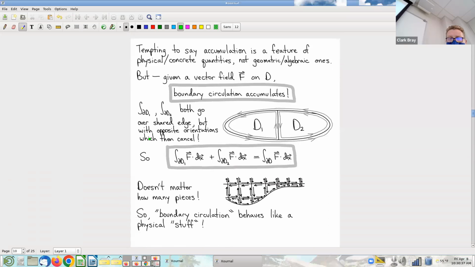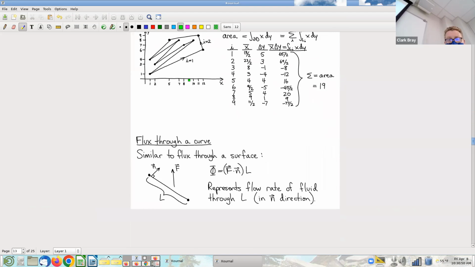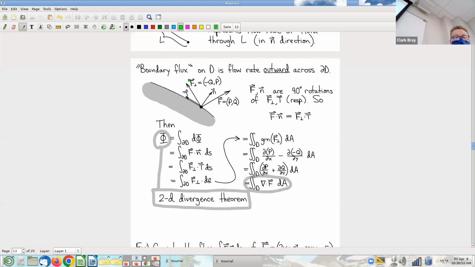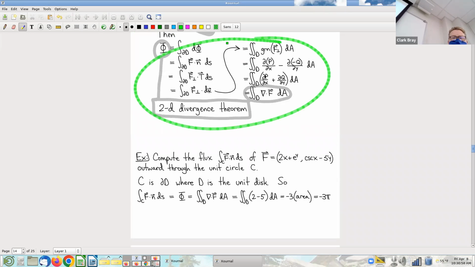Okay. Anyway, as is relevant to Green's theorem, boundary circulation is the accumulating quantity, right? Now, reminder, we did a bunch of stuff with Green's theorem. Then we went on and we tried to relate it to this other thing called boundary flux. And then, you can do some algebra and show that the circulation Green's theorem and the flux Green's theorem are actually connected algebraically.